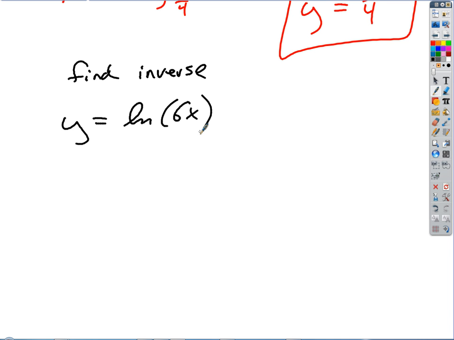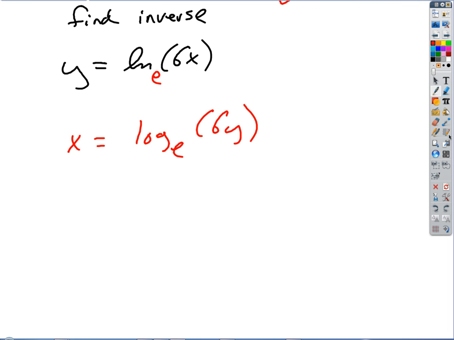Okay, so when we see a natural log, we always know that that's a log with a base E, right? So if we're gonna find the inverse, we're just gonna swap the x and y, right? So this just becomes x equals the base E log of 6y, right? So if I rewrite that as an exponential function, what do I do?